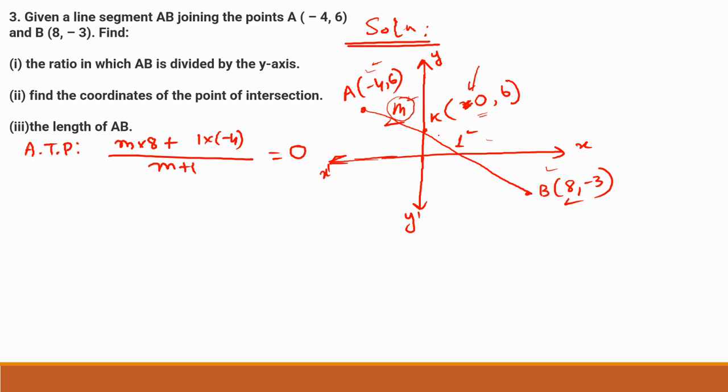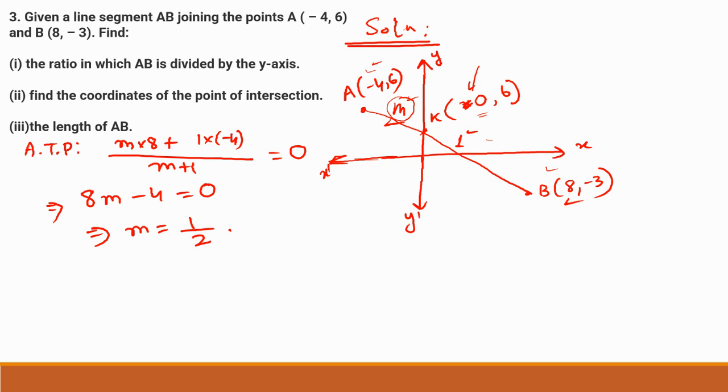And we already know, since it is on the y-axis, the abscissa should be 0. I hope this is getting clear to you, right? The message is going across to you clearly. So 8m minus 4 equals 0. That means m equals half. Okay, so the ratio in which AB is divided by the y-axis is half.